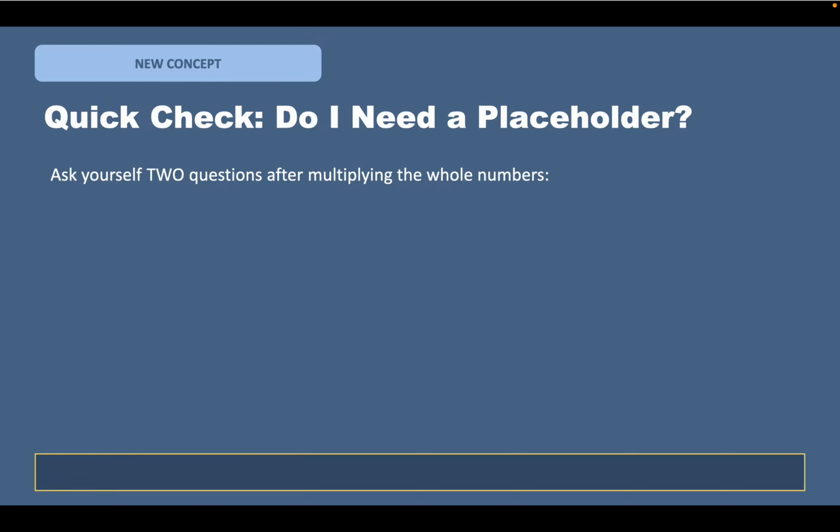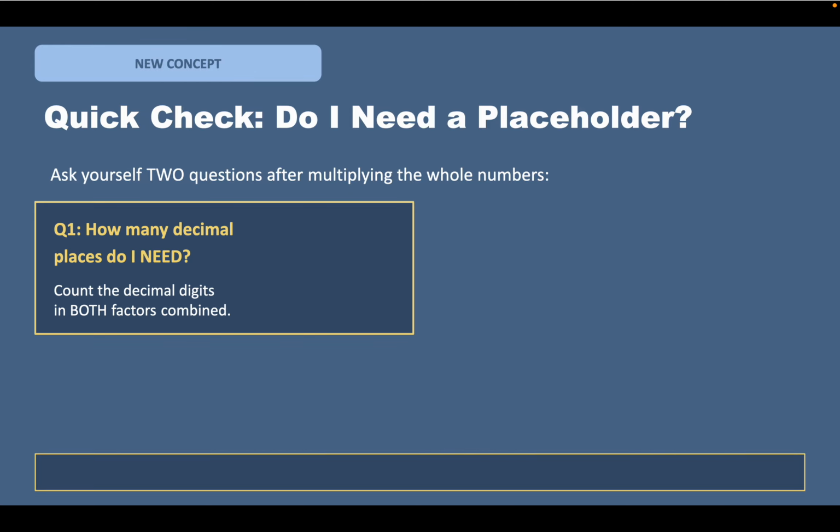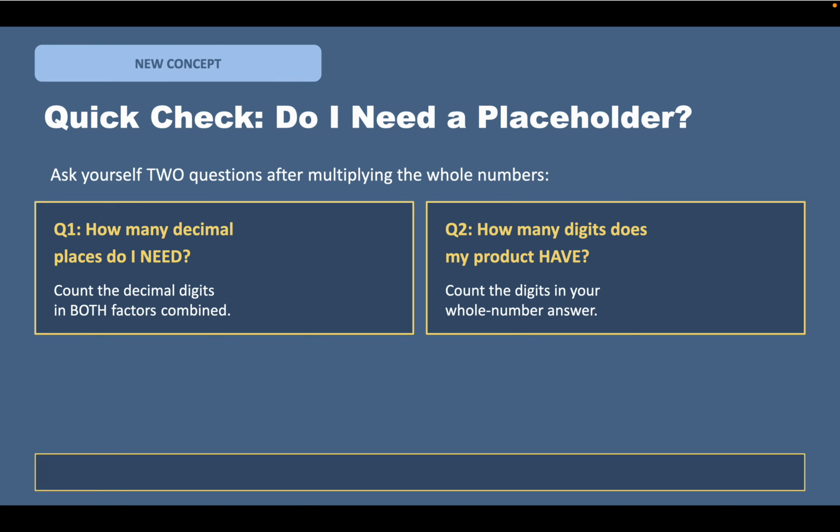So just to check, when you're doing these problems and you're wondering, do I need a placeholder here? Ask yourself 2 questions after multiplying the whole numbers. First, how many decimal places do I need? You want to count the decimal digits in both the factors combined, the numbers that you're multiplying. And the second question is, how many digits does my product have, my answer?